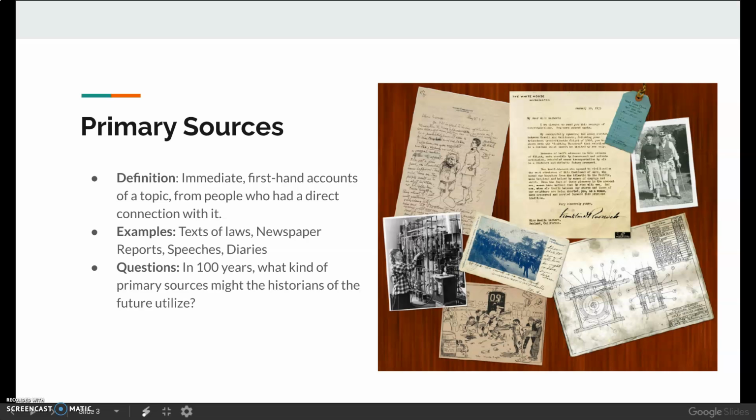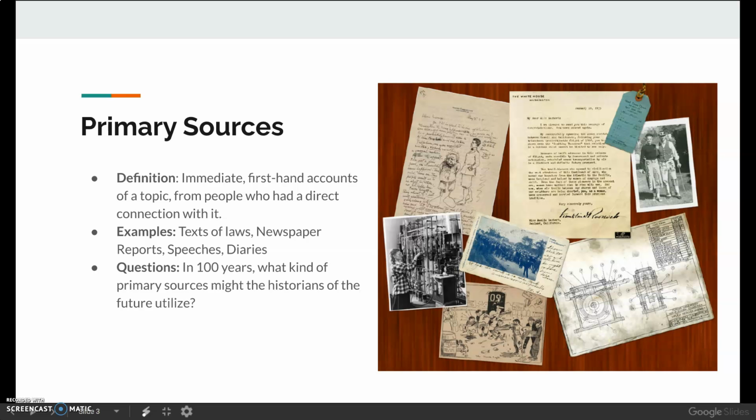So yeah, I feel like they're going to be using a lot of our phones maybe, social media, other things that we record information about ourselves. Because all these sources, texts of laws, newspaper reports, speeches, diaries, that's all historians attempting to understand how the people of the past thought.